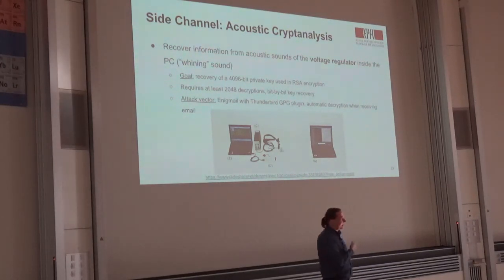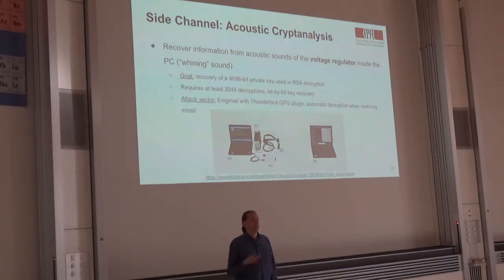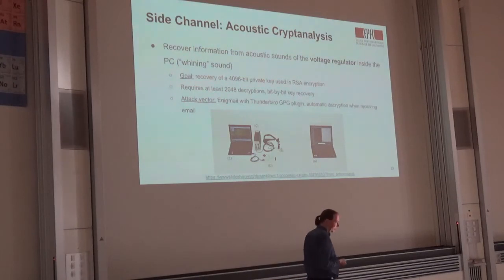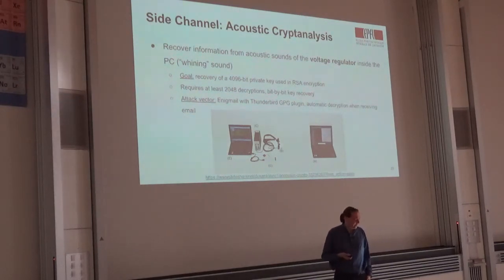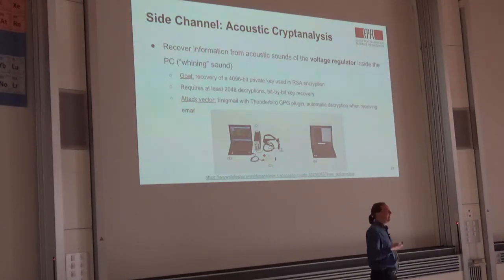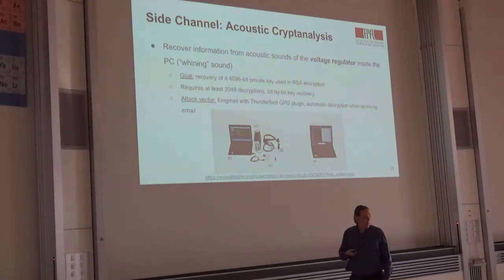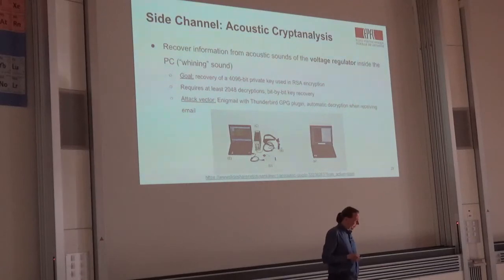And of course, electromagnetics are not the only types of emissions that machines make. They also make noise. Classic PCs tend to have voltage regulators, and those tend to produce audible whining sounds whose precise frequency and waveform depends on what the machine is doing.